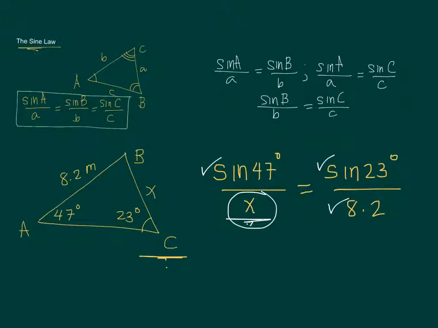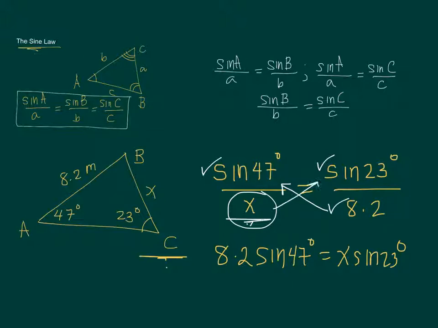But just to make it shorter, I can just say I cross multiply, and it becomes 8.2 sine of 47 equals x sine of 23 degrees. As you can see, 8.2 went with sine 47 and x went with sine 23. That is why they call it cross multiplication. You cross it on the equation and then you multiply the values.